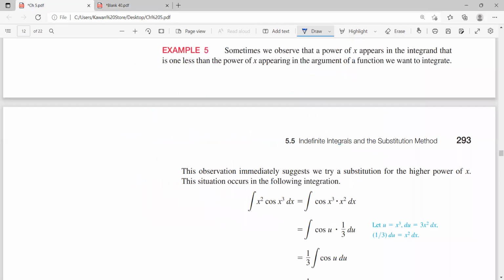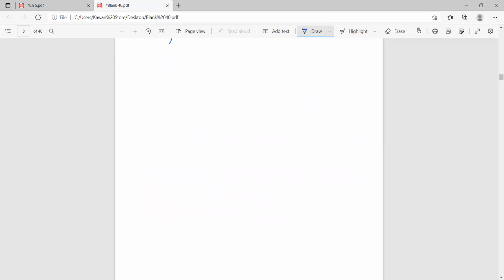Next example. We have x squared cosine of x cubed dx. The angle is x cubed, not the function. That's very important, to distinguish between them. So the derivative of the angle is equal to what?